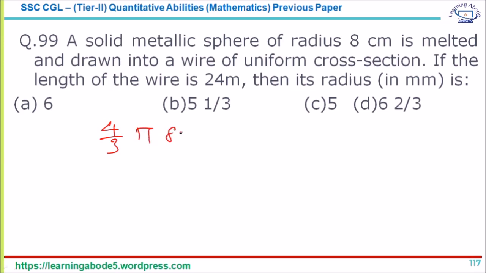So r is 8. On the other side, the wire you can consider as a cylinder shape, so pi r square, where r is what we are supposed to find, and the length is 24 meters. Now we should solve for r square.